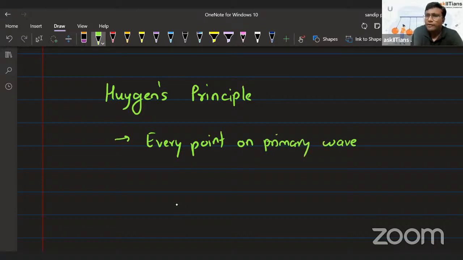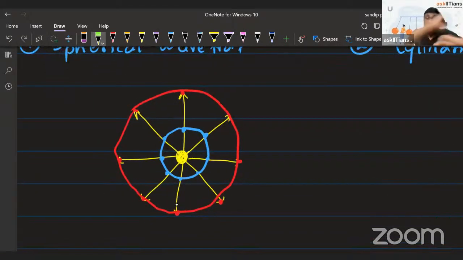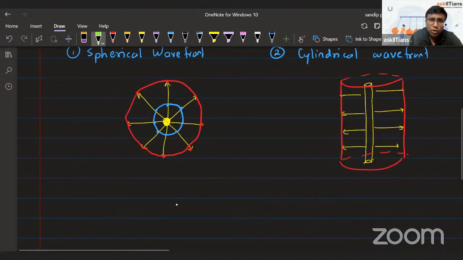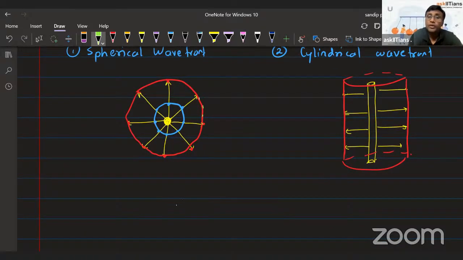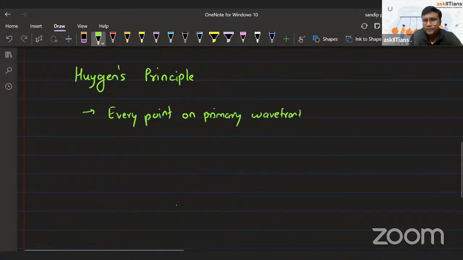What is the primary wavefront? So let's say this wavefront, we can say simple. So this one, that red color thingy, let's consider it as a primary wavefront. Okay, so every point on that primary wavefront, all those points, are going to get the light from that point source at the same particular time, right?